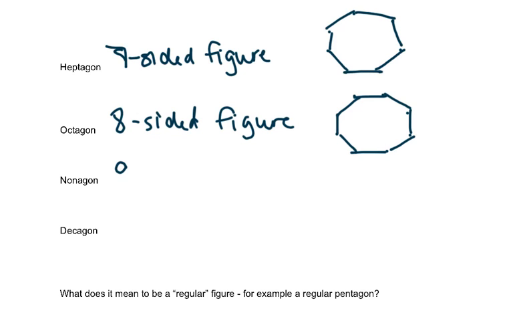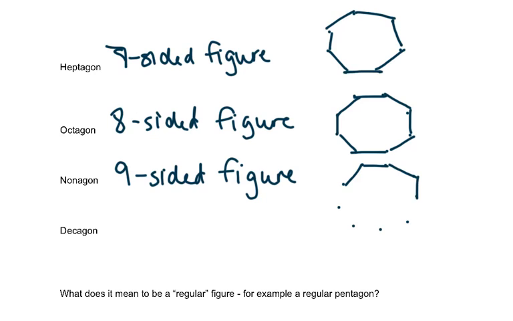And a nonagon is nine-sided. And a decagon is ten-sided.